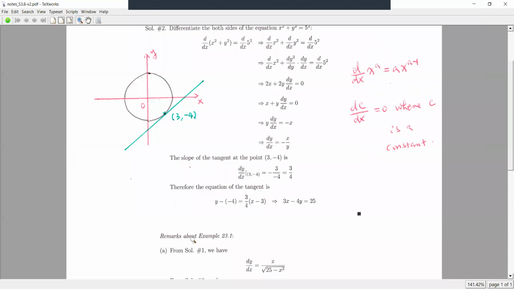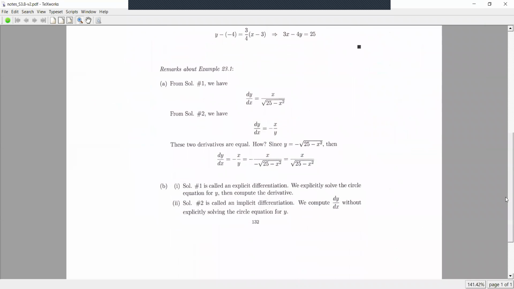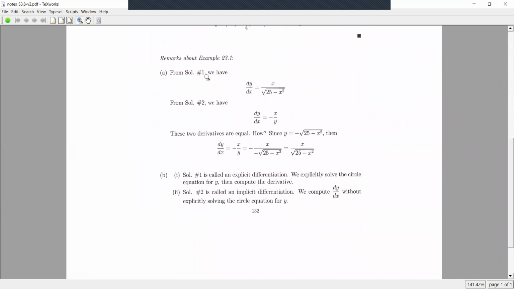Here are 2 remarks about example 1. From solution 1, we have the derivative is x over square root of 25 minus x squared. From solution 2, we have the derivative is negative x over y. Actually, these 2 derivatives are equal. How to see that? From solution 1, we saw that y is negative square root of 25 minus x squared.